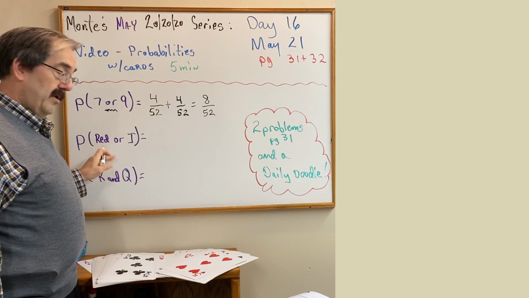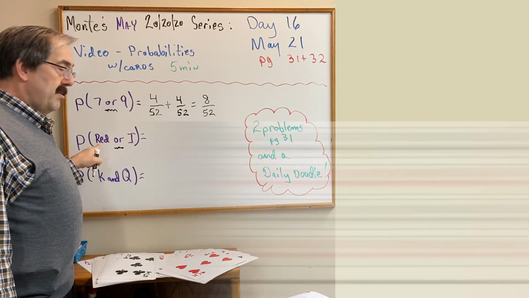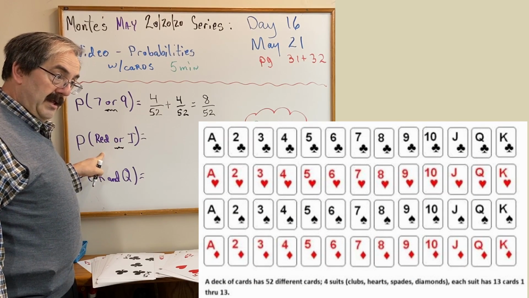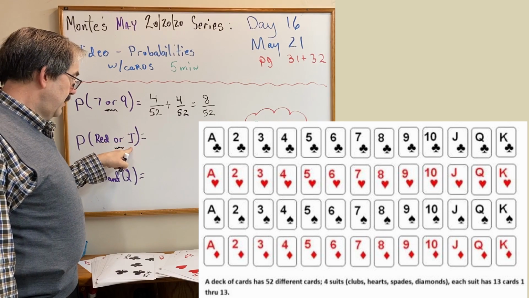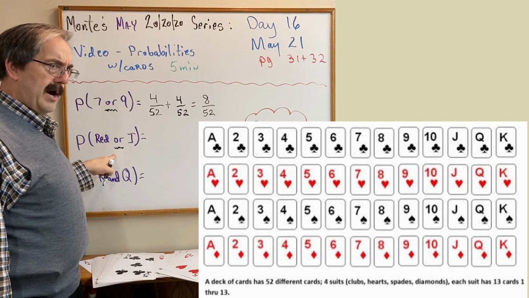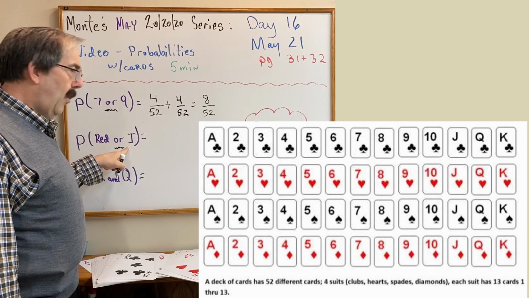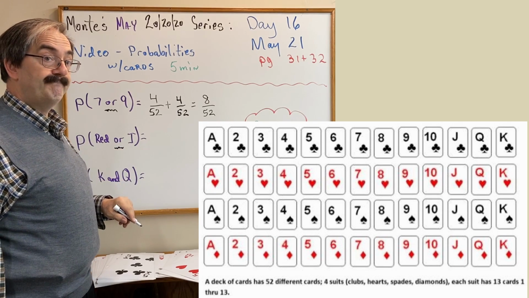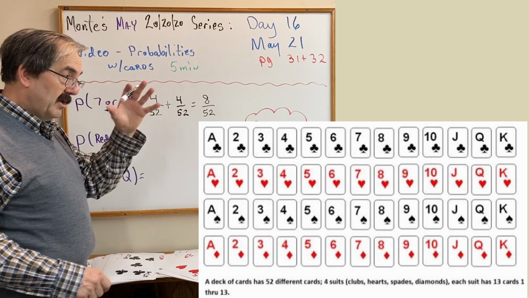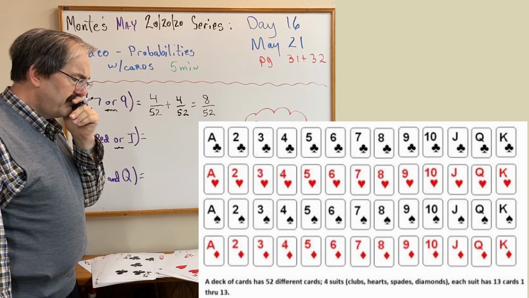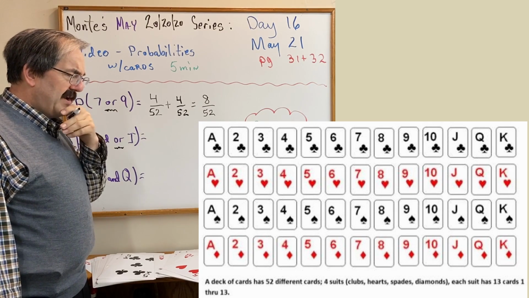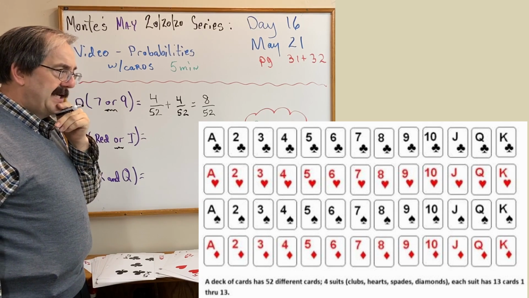All right. Now, a little different. The probability of a red or, not and, probability of a red or a jack. Look at the cards. How many red cards are in a deck?